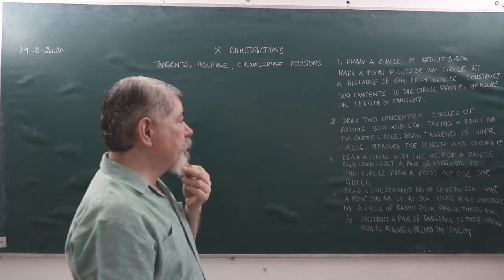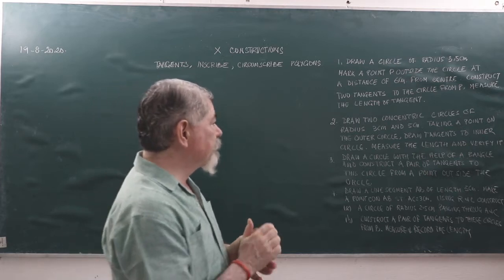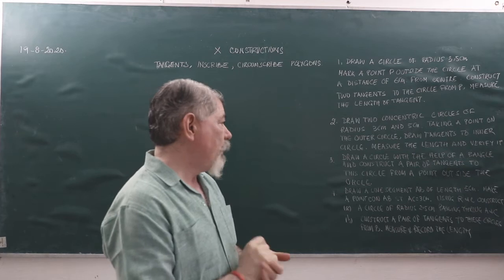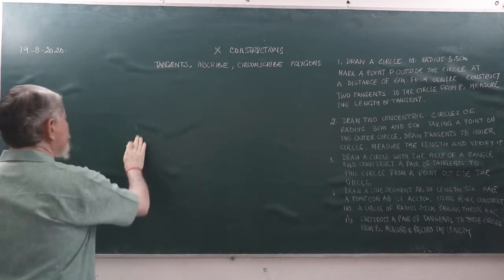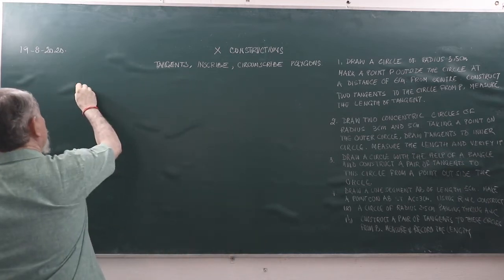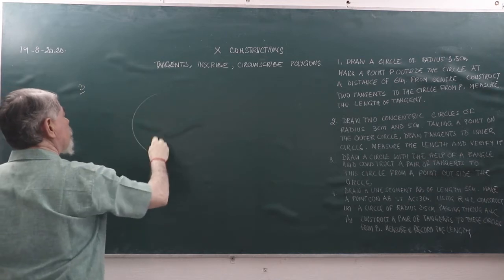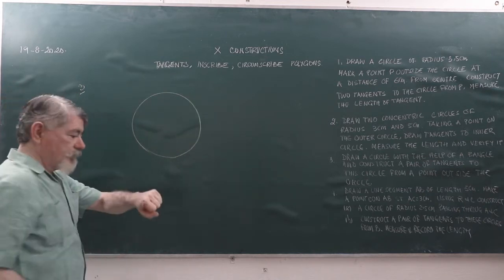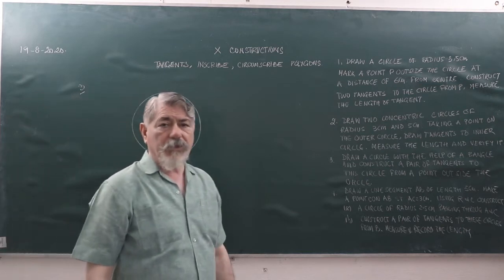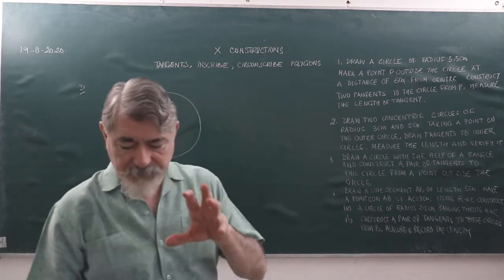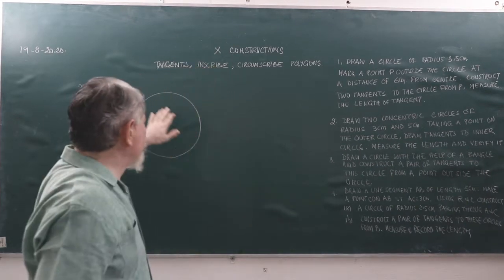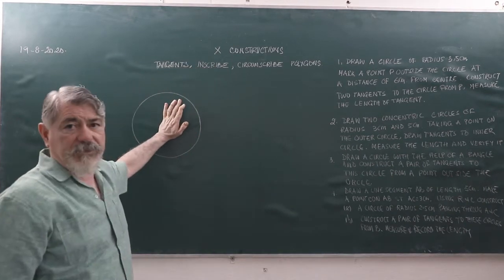He says, draw a circle with the help of a bangle and construct a pair of tangents to this circle from a point outside the circle. Now when he says, draw a circle with the help of a bangle or the kalas which Siddhas wear, or a round cap or whatever, then when we draw this circle, we don't know what the center of the circle is.